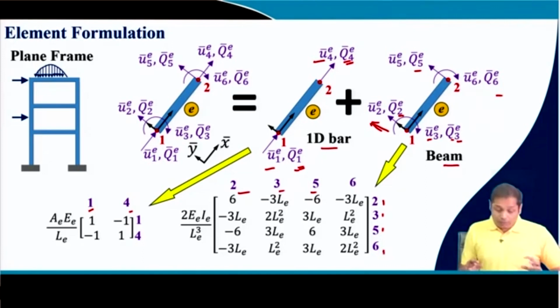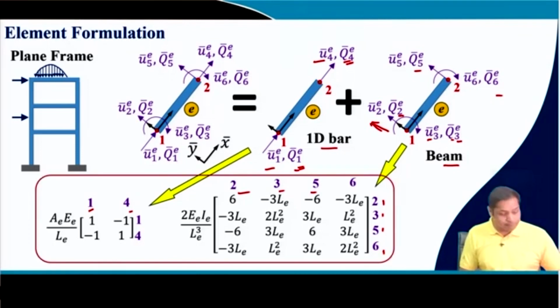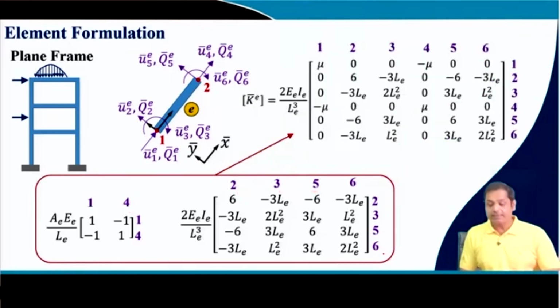Now we will combine the stiffness matrix for the bar and the stiffness matrix for the beam to write the stiffness matrix for the element we need to analyze a frame. If we combine these two, this becomes this, written in terms of their degrees of freedom.